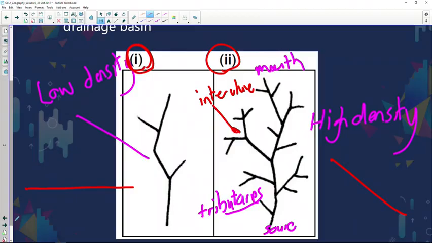And if you look at the high density drainage basin over there, what type of underlying rock do you think is situated over there? Definitely impermeable rock. It doesn't allow the water to infiltrate, so the river rather flows in its river channels. And last but not least is the vegetation cover.